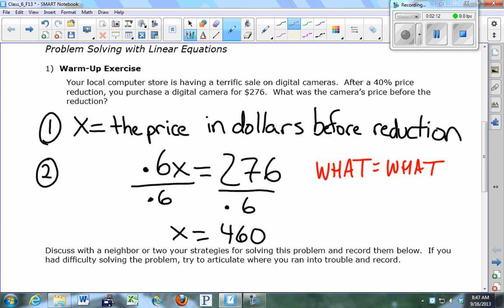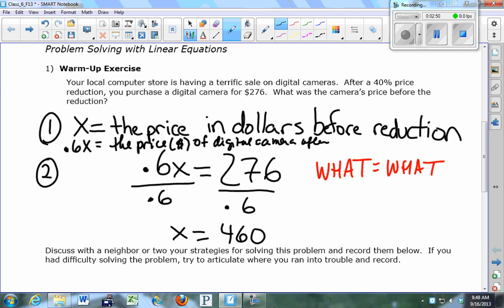So really, what this 0.6x represents, I would have made a little room back at step one, and I would have written this, 0.6x, because I'm using that expression in my equation. I want to say to myself, I know what that means. 60% of x in words would be what? The price what? What would that represent? The price in dollars of the digital camera, after what?